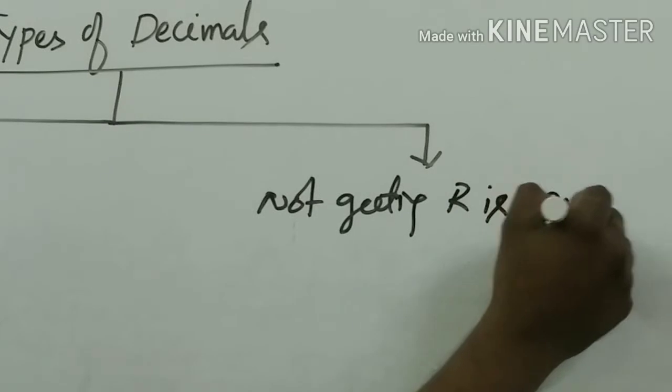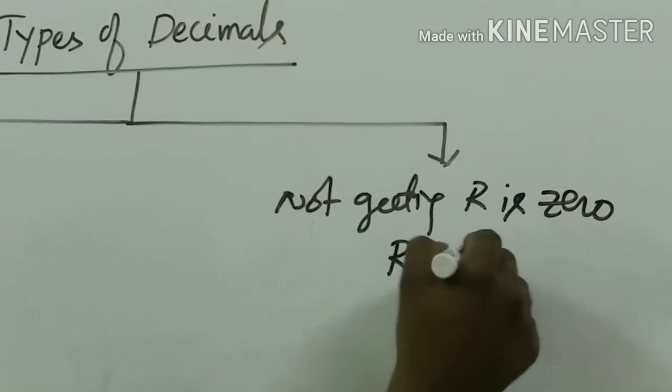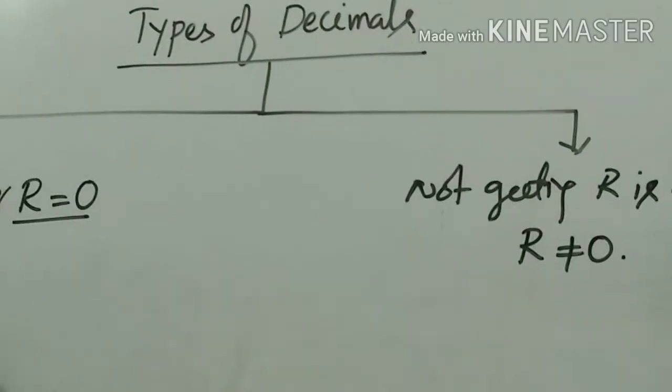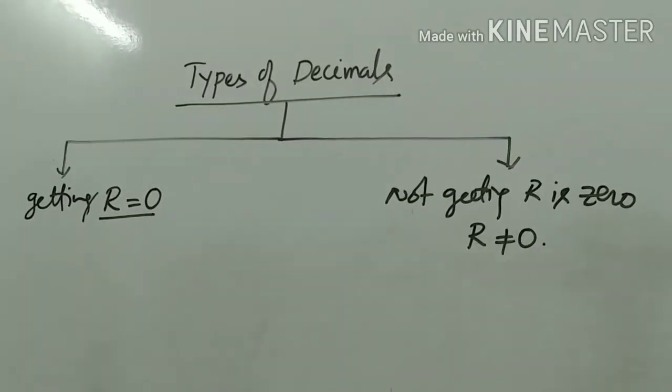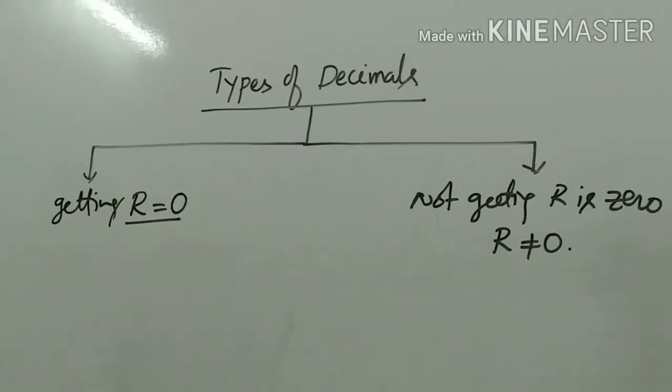Decimals are of two categories. Getting remainder 0, and not getting remainder 0. That means R is not equal to 0, or remainder is equal to 0.